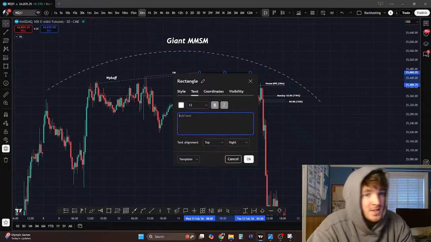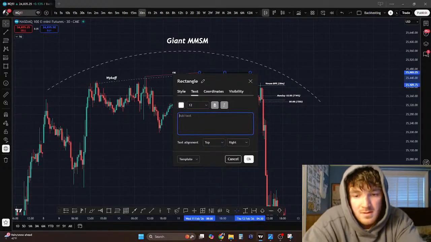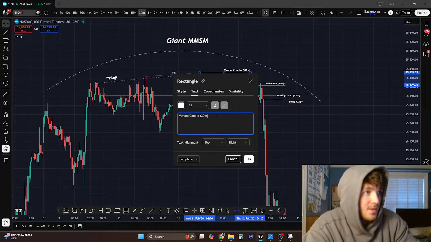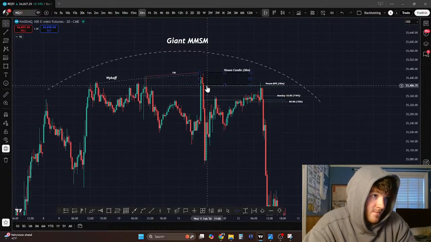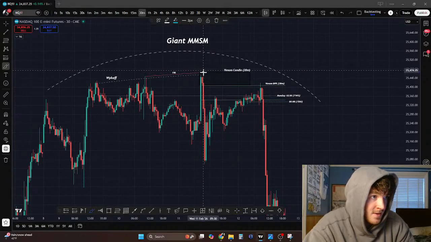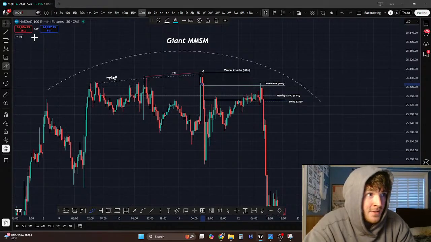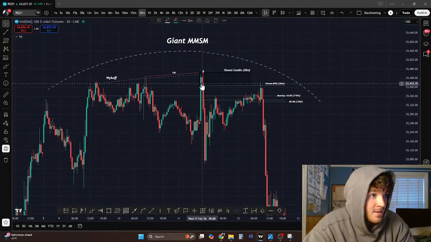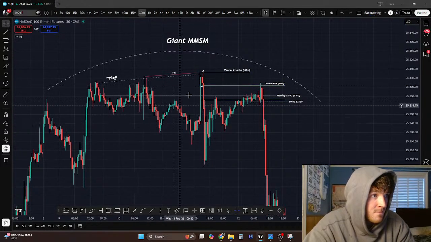So that's essentially the CISD. So there you go, venom candle on the 30-minute. From here to here, and I'll circle it, right? From here to here. That final move up from there to there. Boom. Okay, let's go ahead and screenshot that.